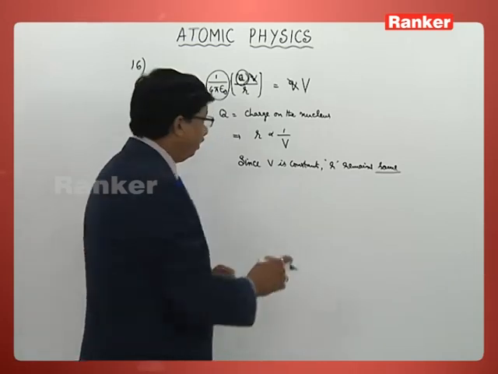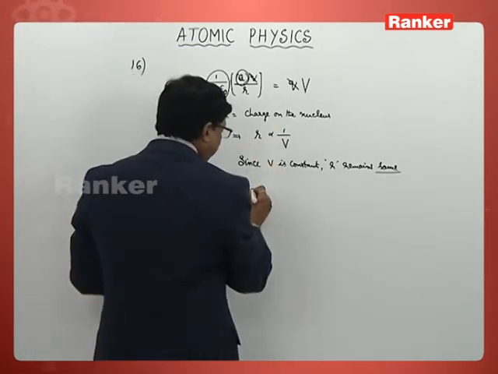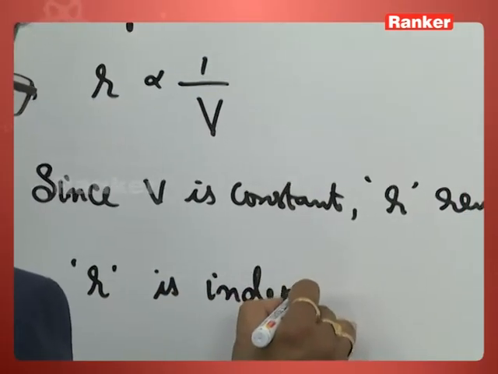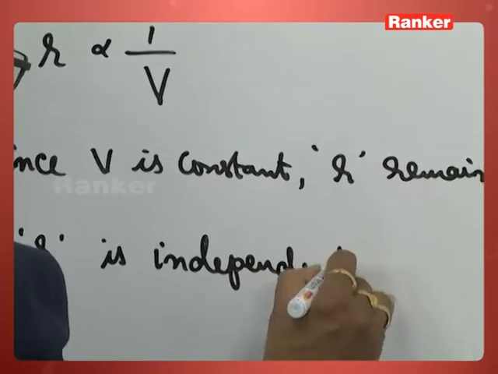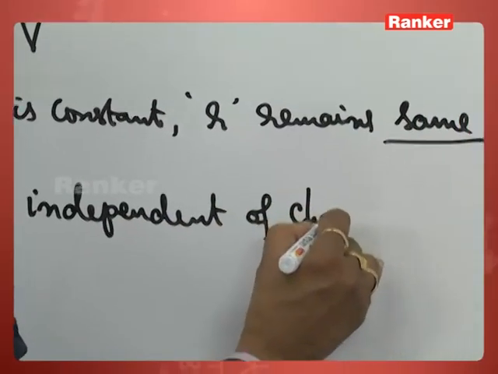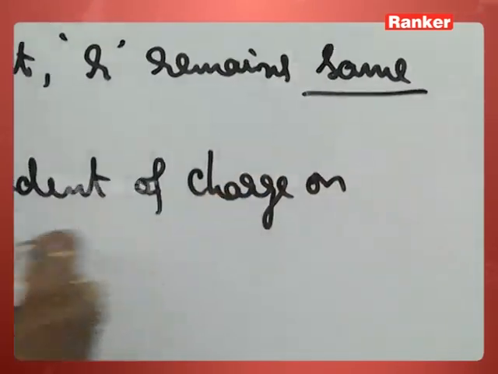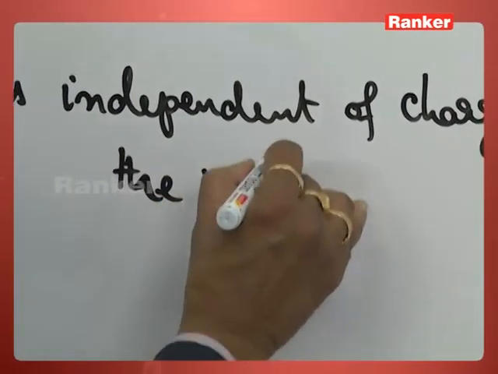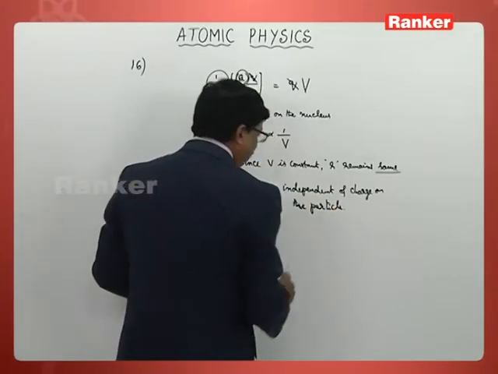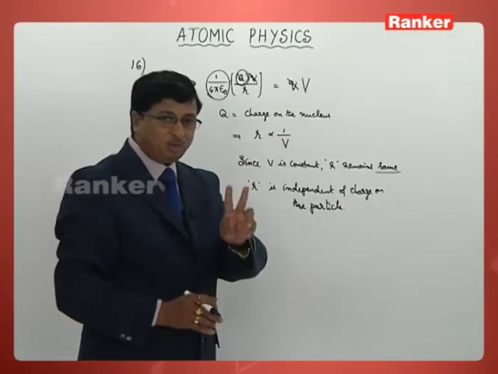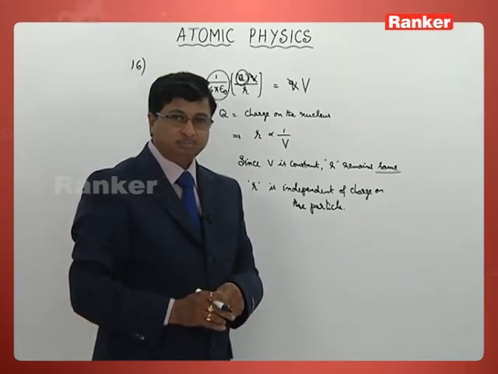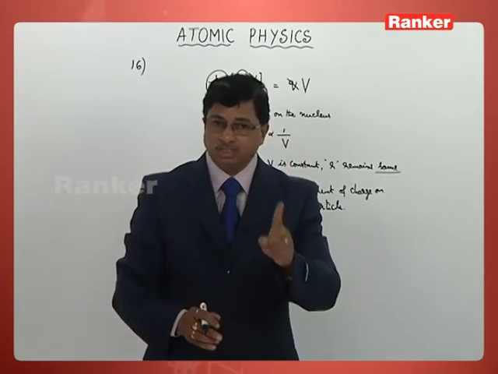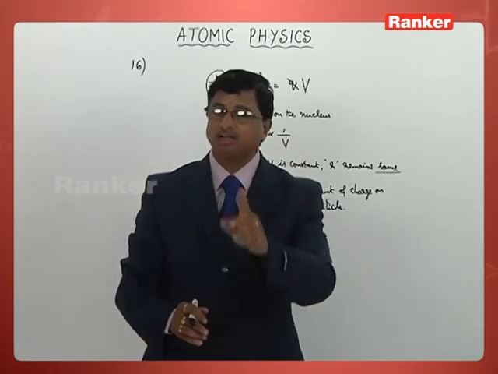Another thing you should understand. Here if you look carefully, r is independent of the charge on the particle. To confuse you people, he is just giving two different particles in the problem. First particle is an alpha particle, for which the distance of closest approach is given as r.